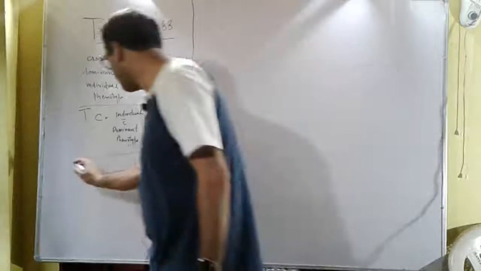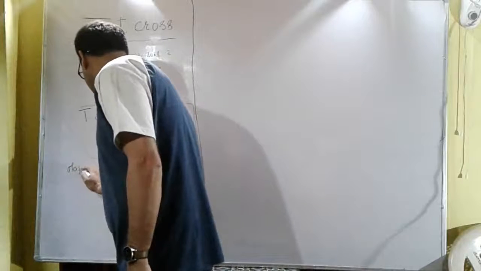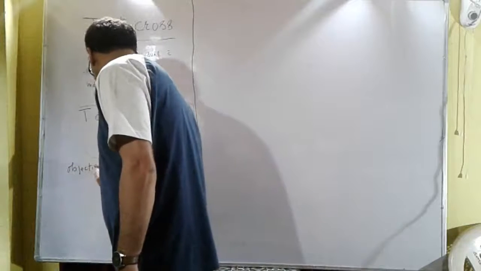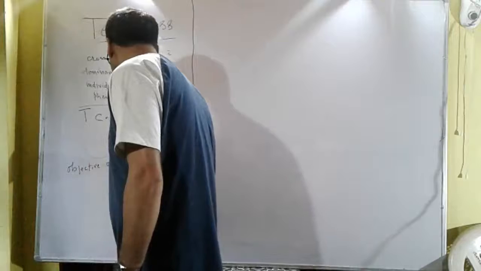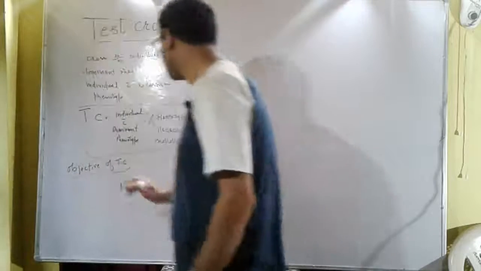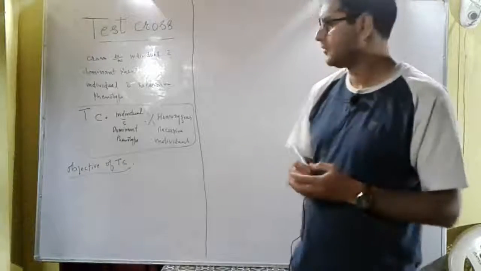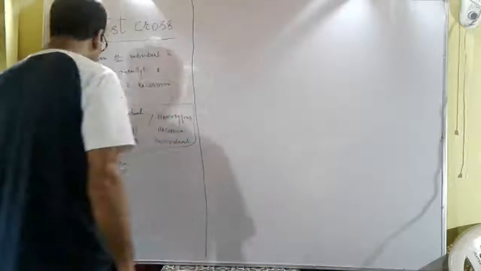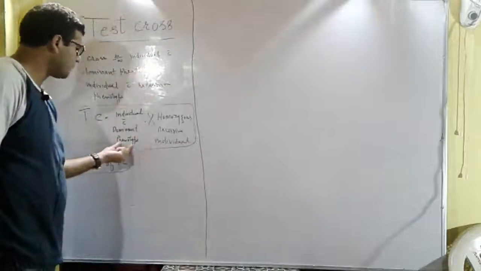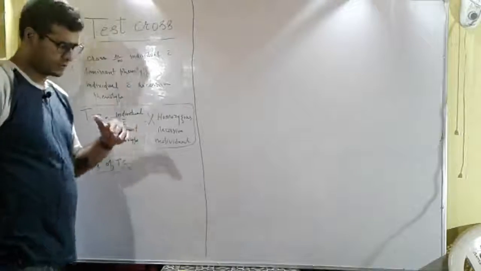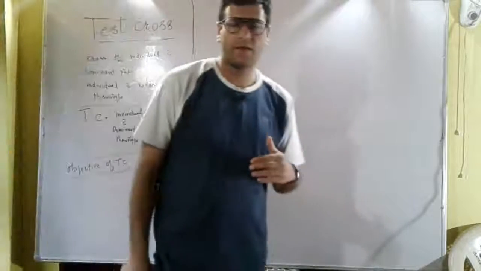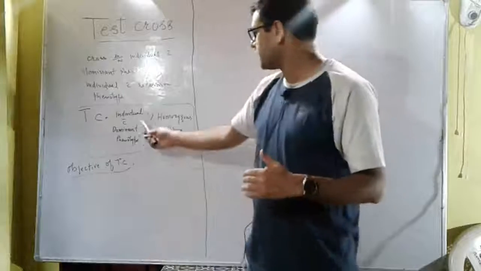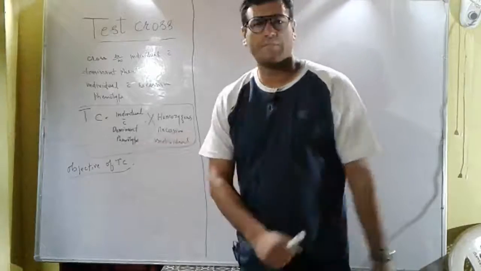What is the objective of test cross? Why is the test cross being performed? We perform the test cross so as to determine whether the individual with dominant phenotype is homozygous or heterozygous for the trait. We have this individual with dominant phenotype.